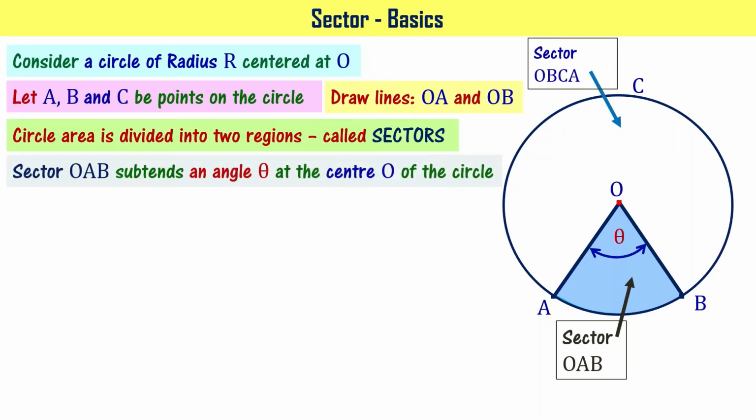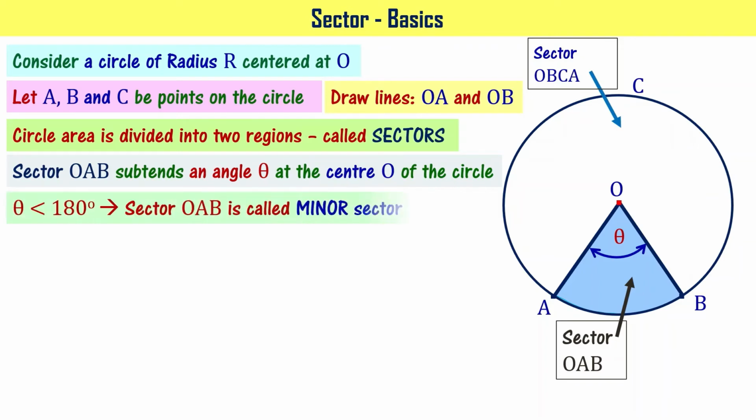Sector OAB subtends an angle theta at the center of the circle. We have shown that, right? The angle of the sector OAB is theta degrees. Since theta is less than 180 degrees, we call sector OAB a minor sector. Please note this point. The other sector is going to be automatically called a major sector because the angle subtended by that sector is greater than 180 degrees, right?